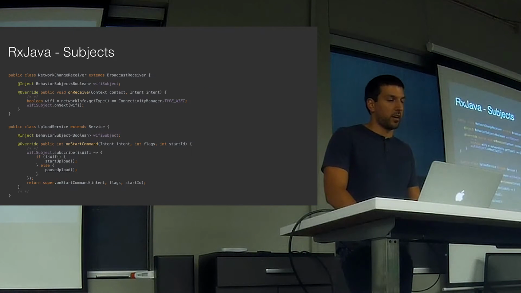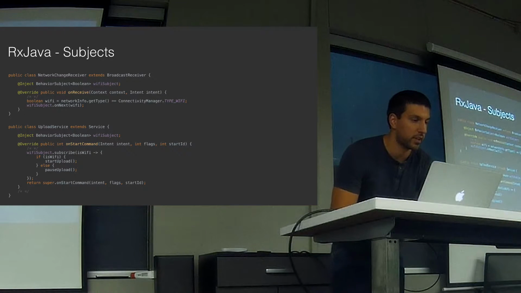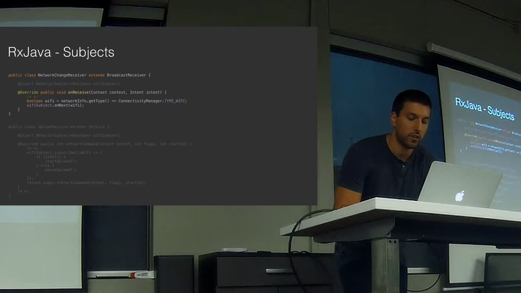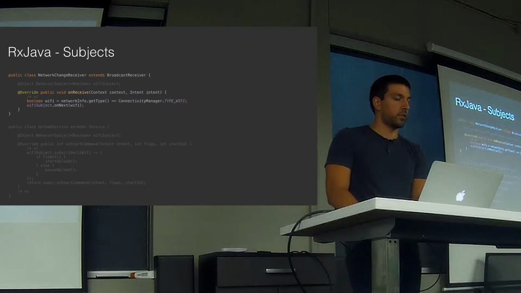So we can look at it here. If you have, let's say, a broadcast receiver that listens for network changes, and you want to know if the current active network is Wi-Fi. So we assign that to a Boolean, and we call on our subjects, we call on next with that Boolean.